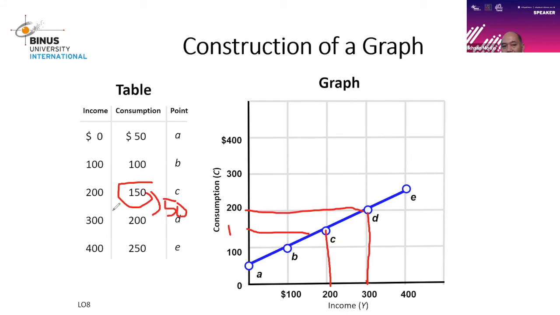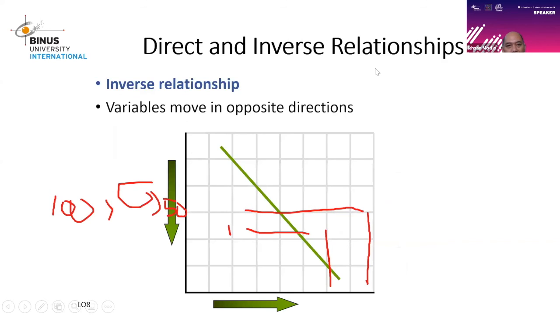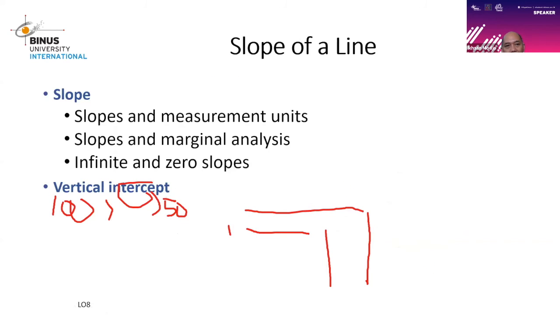And the change from 300 to 200 is going to be 100. Okay? So this is the same. So it's going to give you the slope of 50 divided by 100, which is going to be half, 0.5 or half. Yeah. Straightforward. Jadi itu cara kamu mencari yang namanya slope atau kemiringan daripada sebuah grafik.